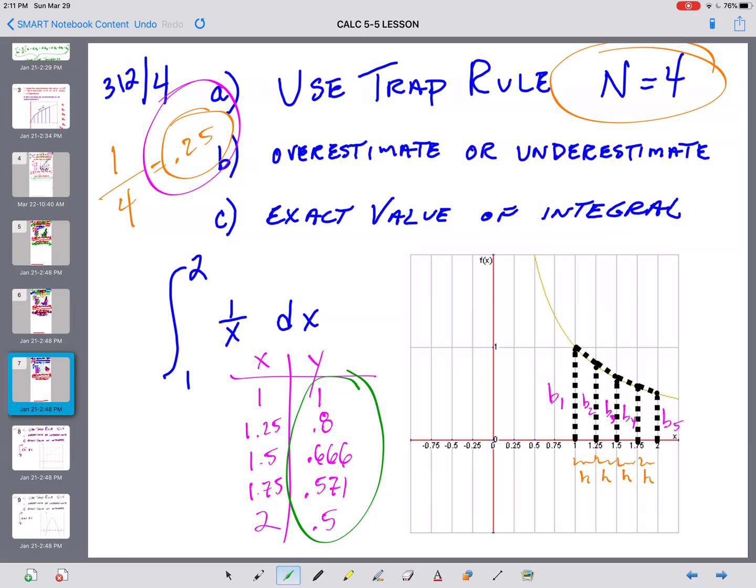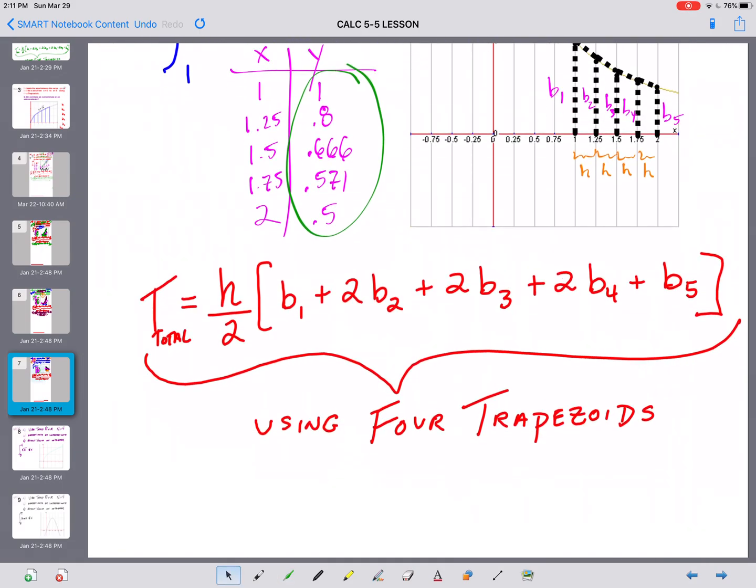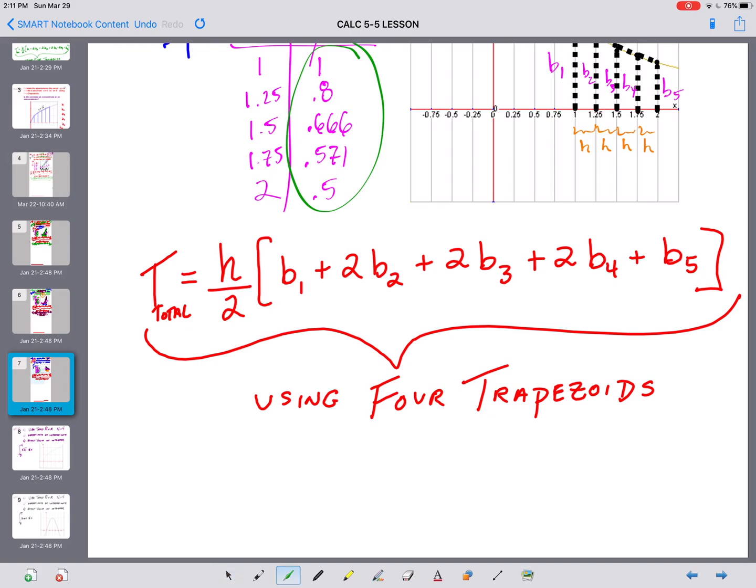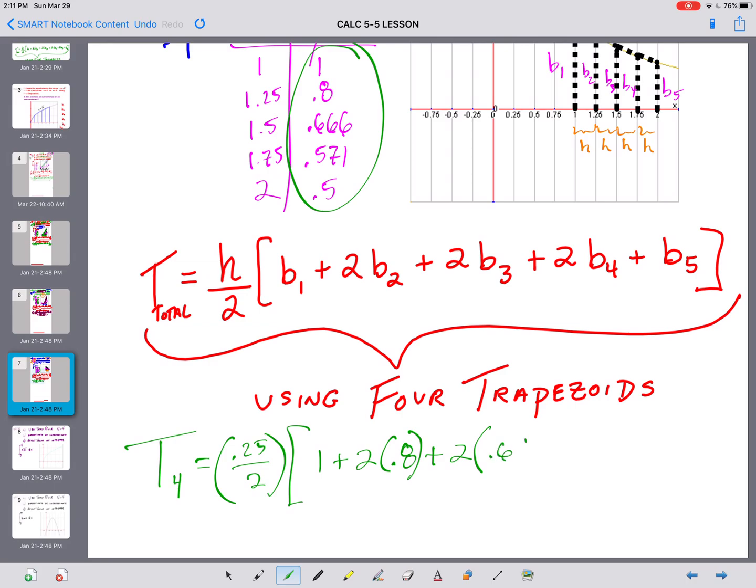Now, let's go down and use our formula. First thing, for trapezoids, what was the H? 0.25 on this problem, divided by 2, put parentheses, bracket, the first base plus 2 times the second base plus 2 times the third base plus 2 times the fourth base plus 1 times the fifth base.